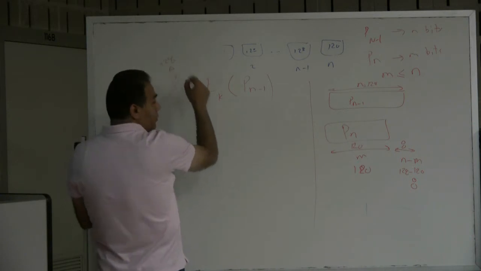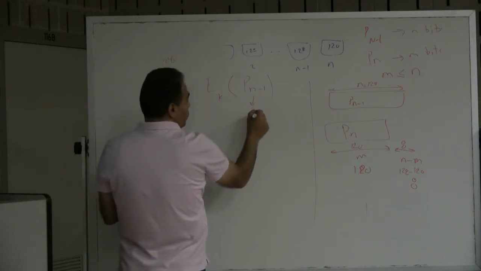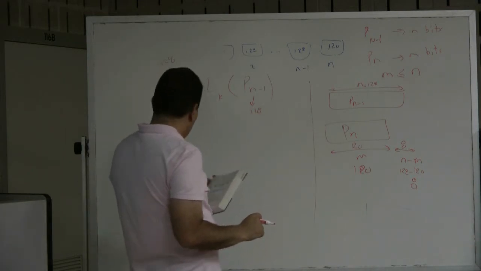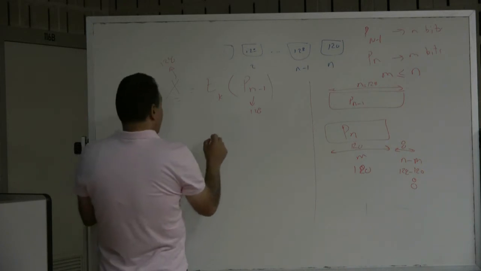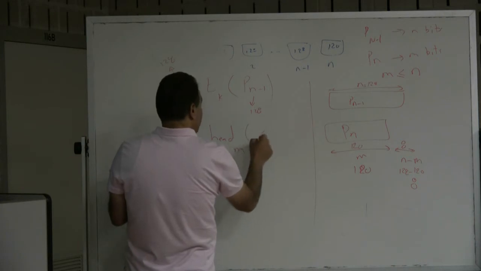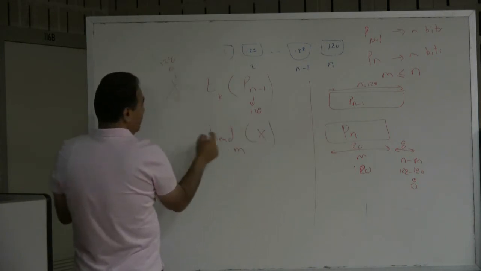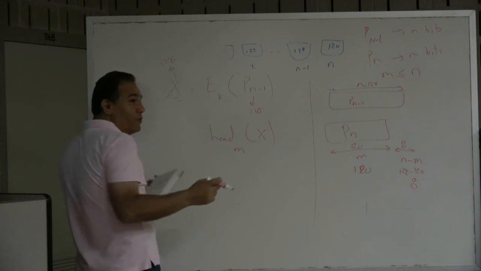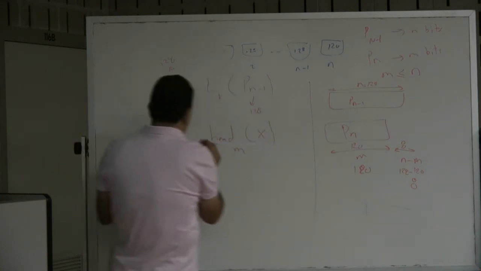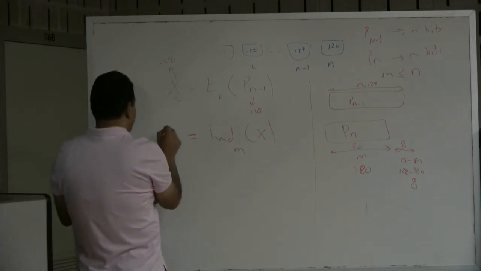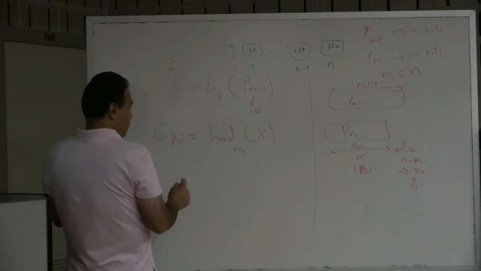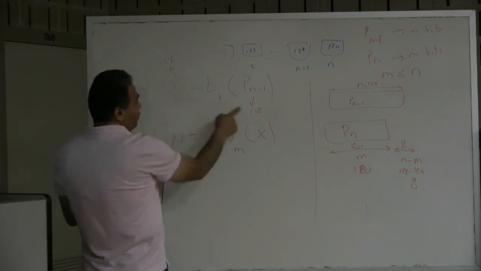You encrypt it, it gives you 128 bits in our example. So I take the head, the first m bits of x, which in our case is 120 bits. I save it in Cm. So this is 128 bits.